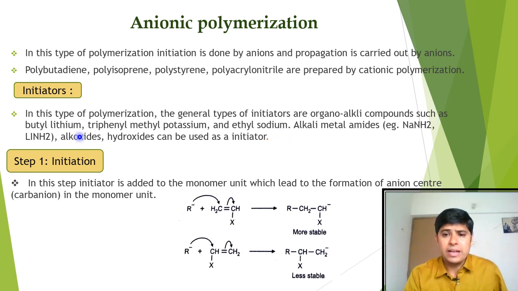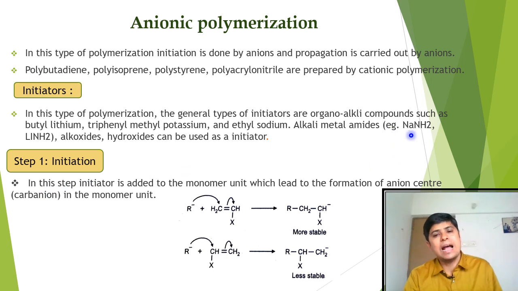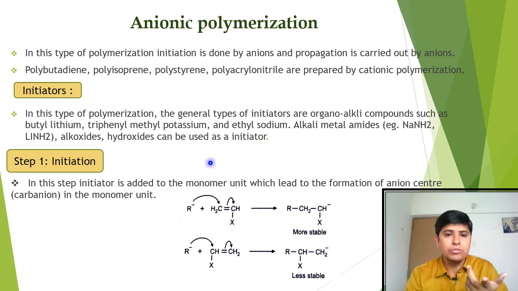Alkali metal amides such as sodamide and lithium amide, alkoxides, and hydroxides can also be used as initiators. So these are some organic bases and some inorganic hydroxides that are used as initiators.